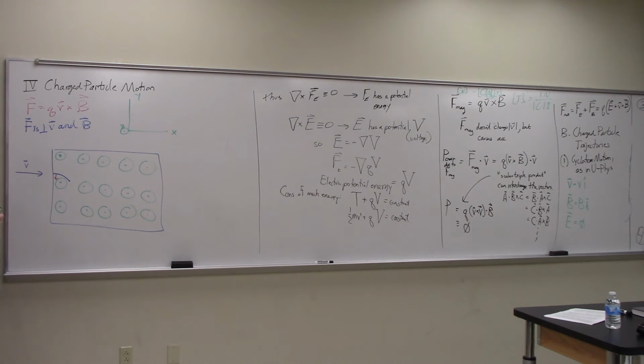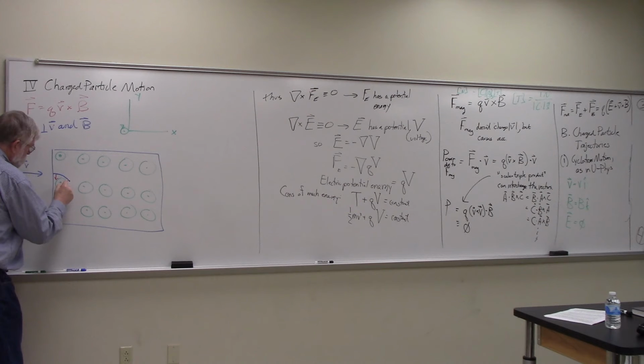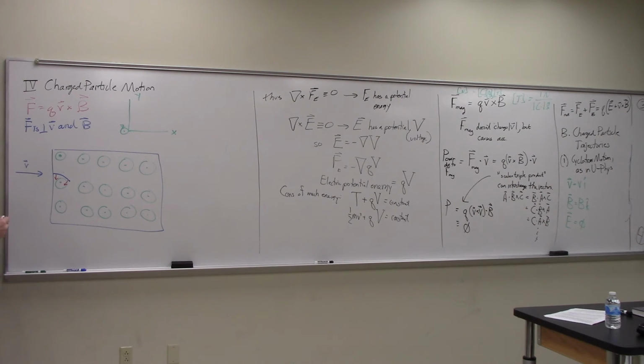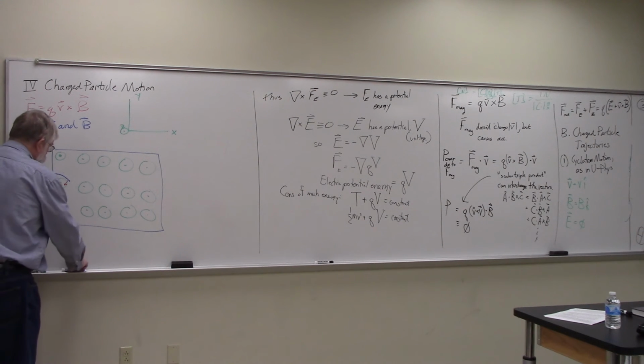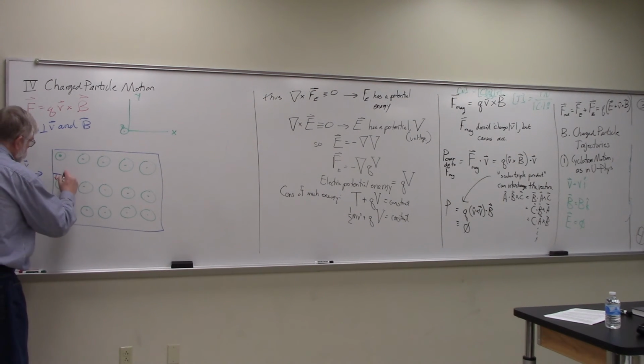So I need something that's perpendicular to this way and something that's perpendicular to that way. If you do your right-hand rule, V crossed into B, you'll find that force is at a right angle. Shoot something that way, but it's got a force at a right angle. What's going to happen in motion? It's going to make a curve.